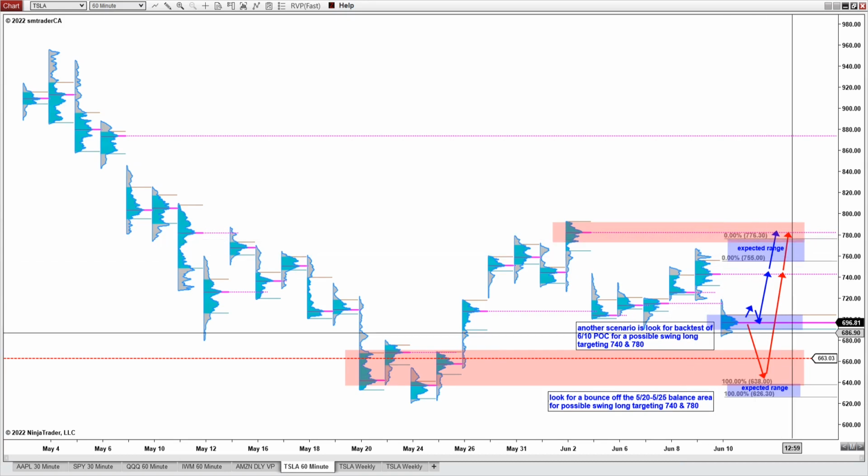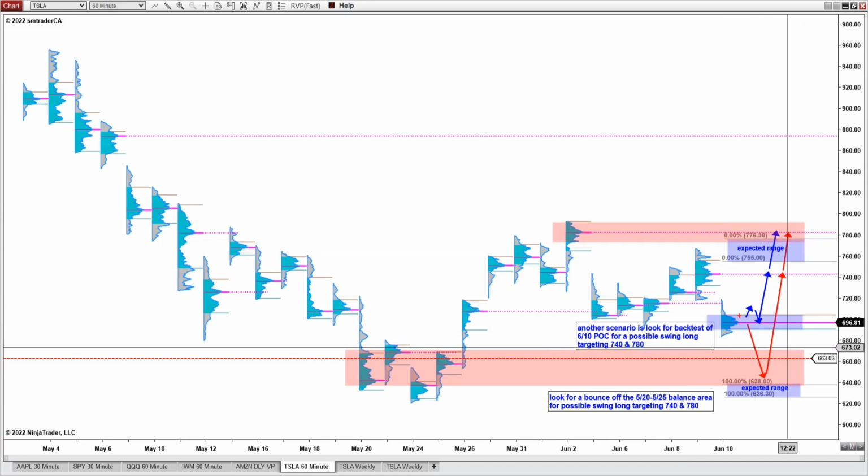So this week we're looking for the possibility of this area here, Friday's value area, to be a pivot point. And if it continues to come down, then we're looking for it to move down into this balance area that was established on 5/20th to 5/25th, tag somewhere around the 640 area, and see if it is able to break out of this balance area.